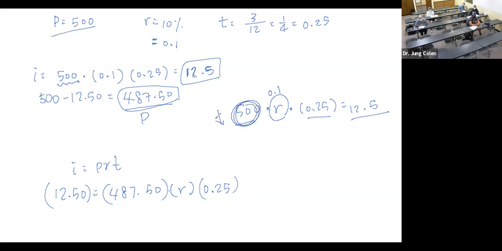If this goes down and you have something times something times something, and you want the exact same money but you are lowering this down, what has to happen to this one? It has to go up to compensate, right? If I make this money go up and the interest is fixed, of course you need to lower your interest rate, right? So let's take a look at that again.